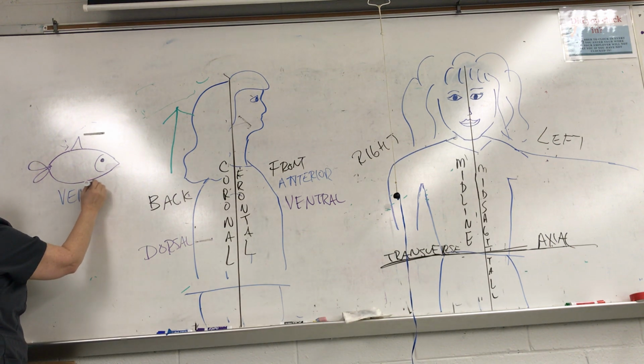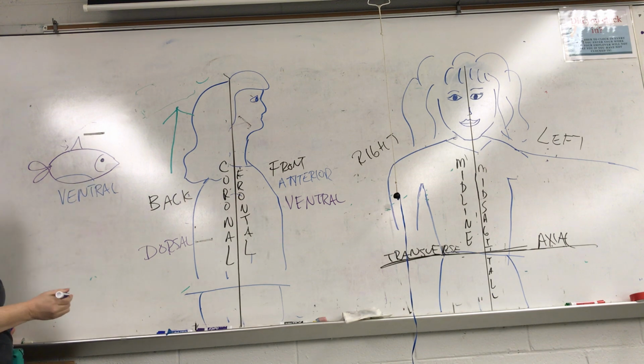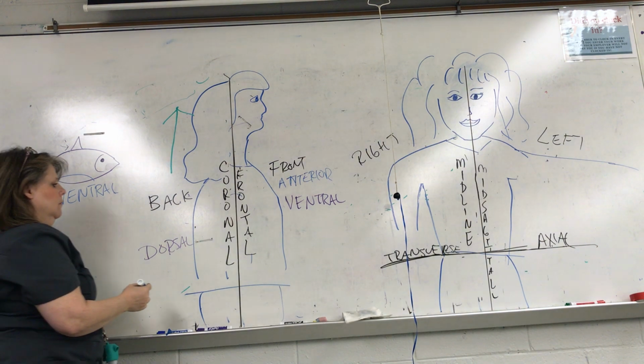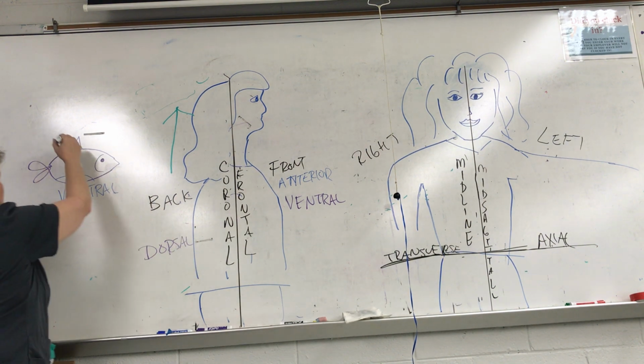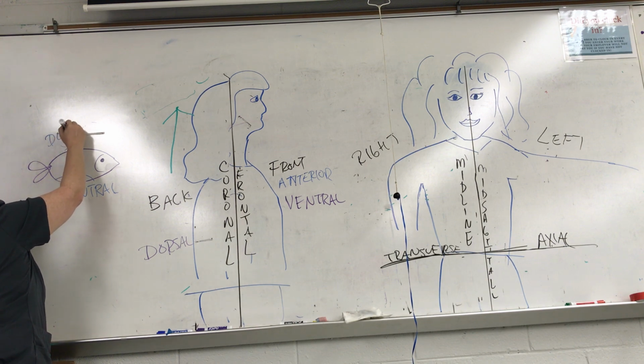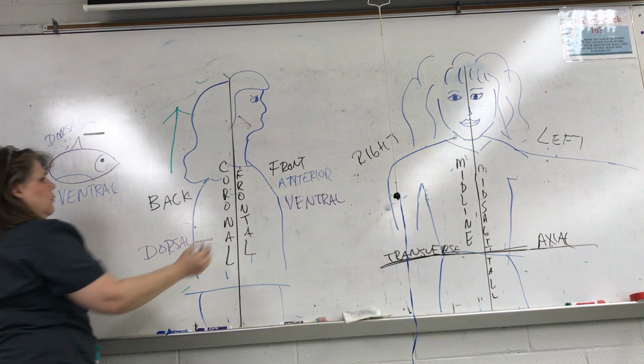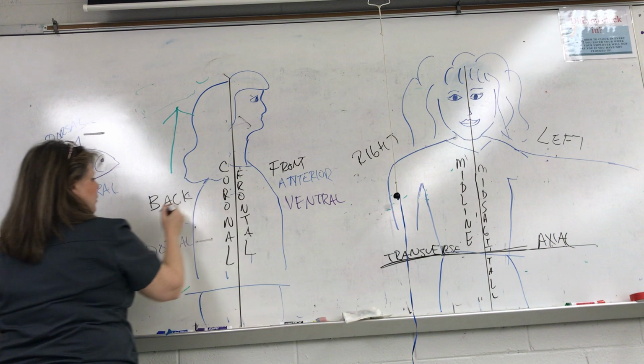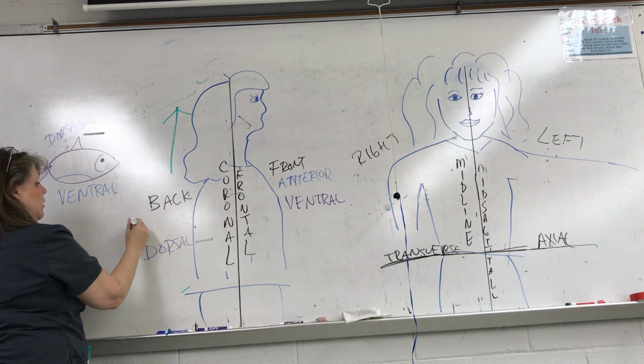So on the fish, this part is ventral. What is that? It's the belly side. So that makes dorsal the top. So what's our other word for front and back? We have anterior and posterior.